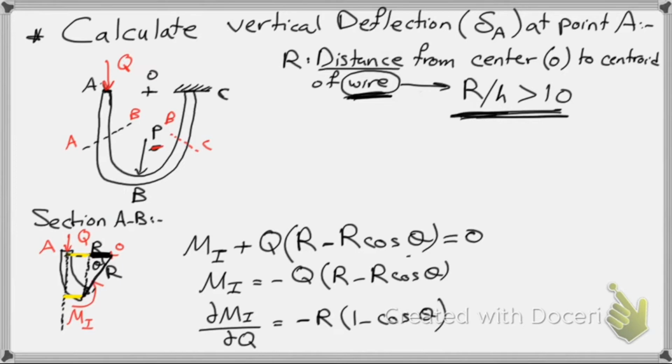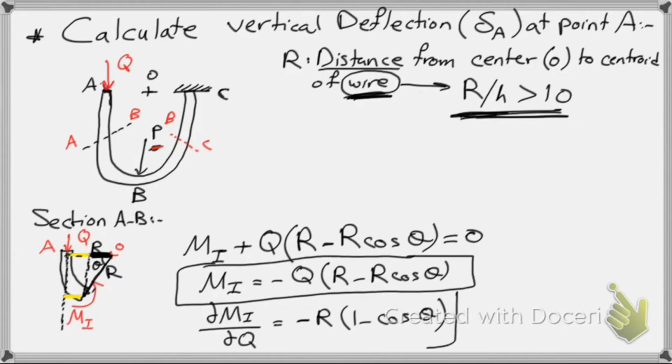So we need this one in order to apply Castigliano's theorem, and this one, the moment and the partial derivative of the moment with respect to the force or the applied dummy load Q. Right, and this is for the first segment or section cut AB. Let's try to draw section cut BC.